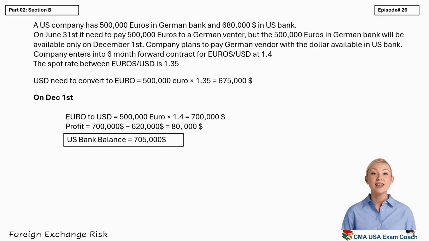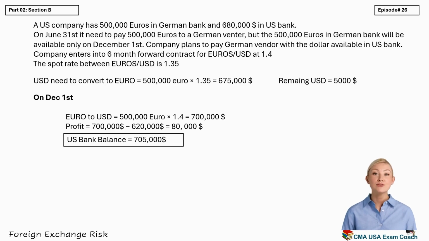Step 2. Find the remaining dollar balance. The company originally had $680,000 in the US bank. After using $675,000 to pay the vendor, the remaining balance equals $680,000 minus $675,000, which equals $5,000. So the US bank account now has $5,000 left.